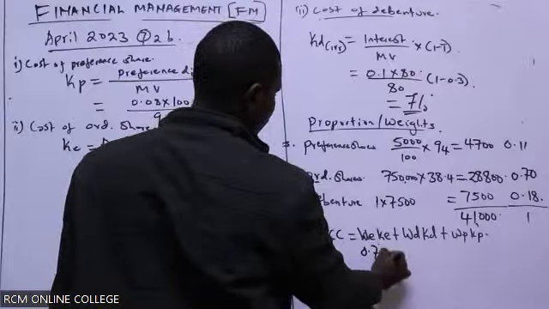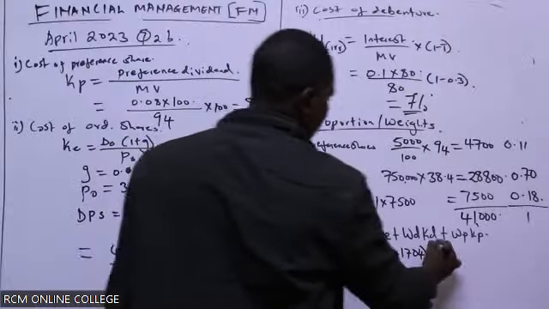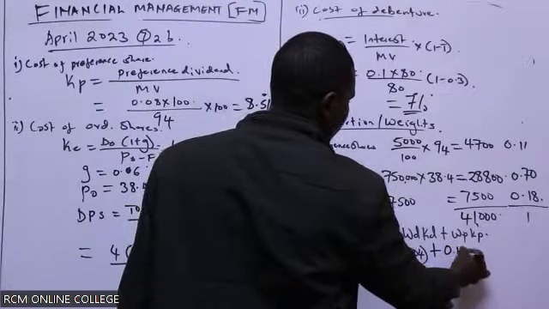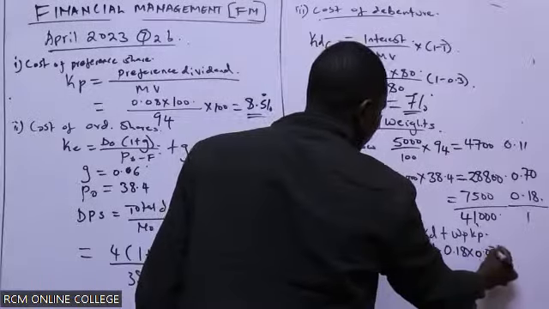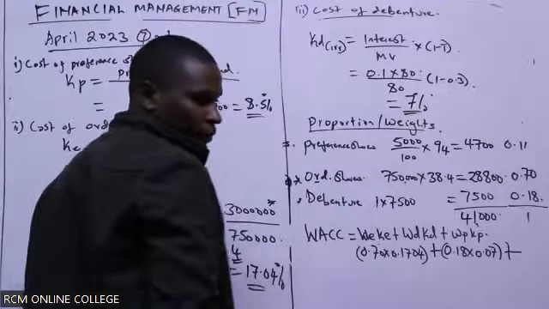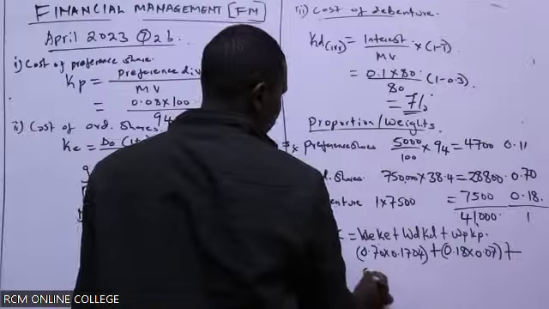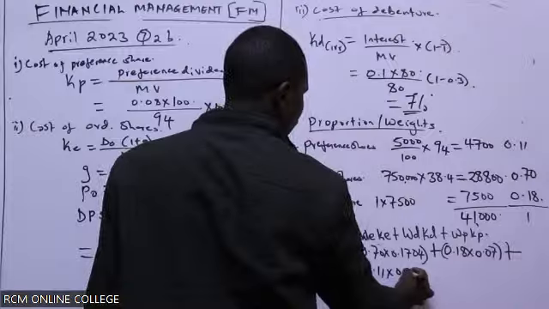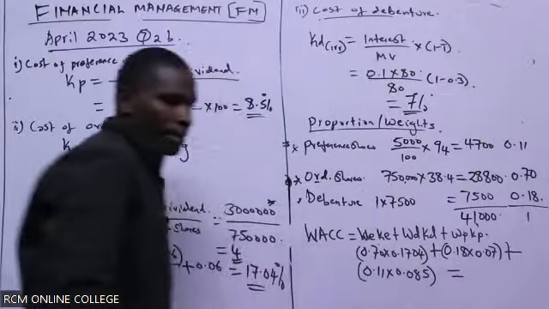So tunazichukua hizo zote. Weight of equity iko wapi sasa? 0.70 times 0.1704 plus weight of debt iko wapi? 0.18 times cost of debt 0.07 plus twende kwa hii ya mwisho. Preference share ndio hii, 0.11 times 0.085. What is our WACC to 2 decimal places?